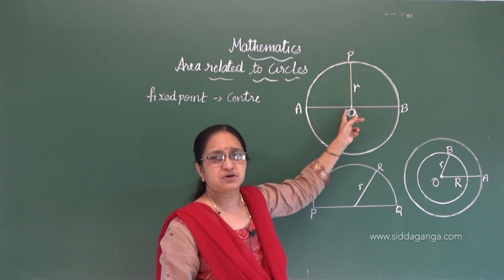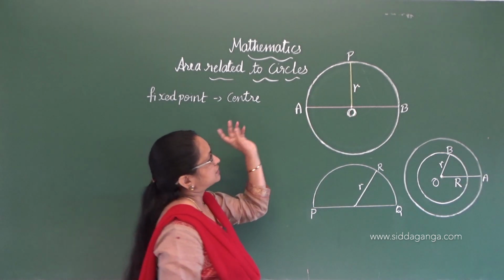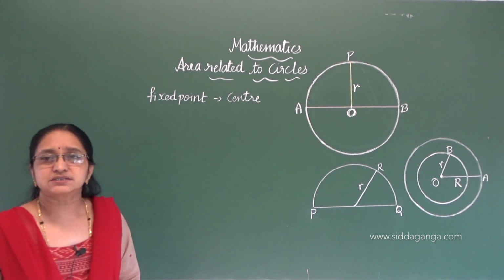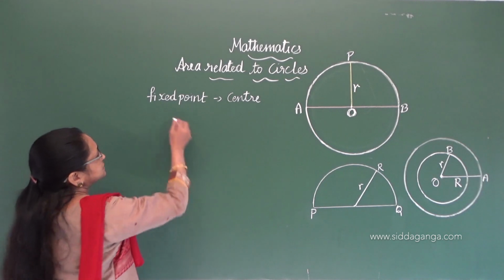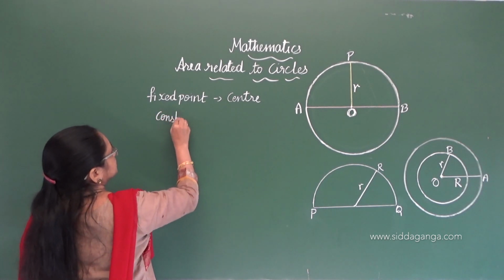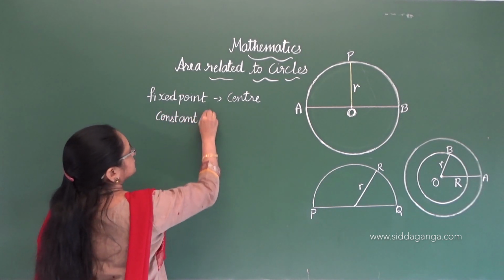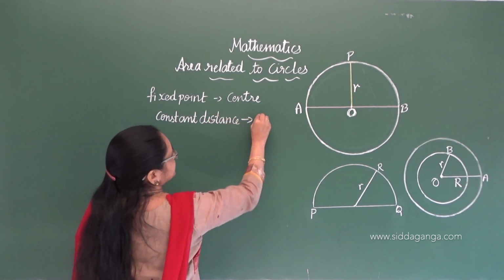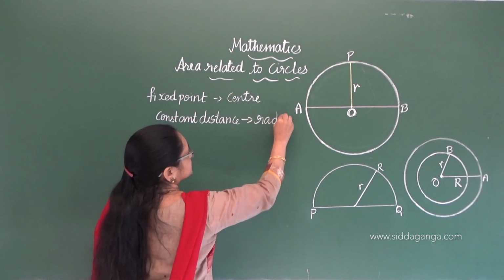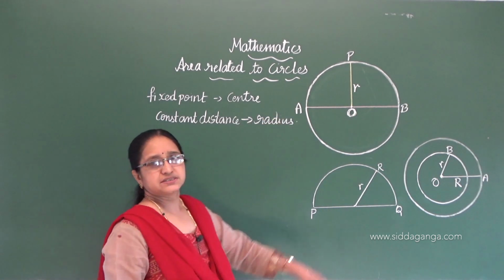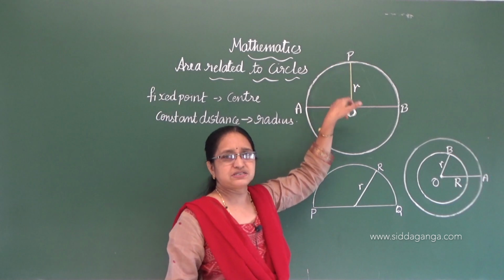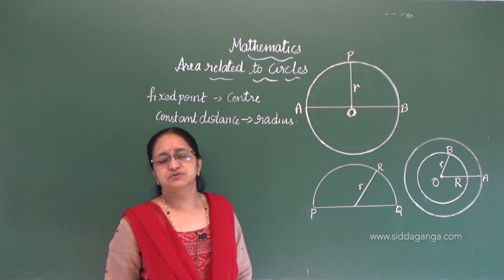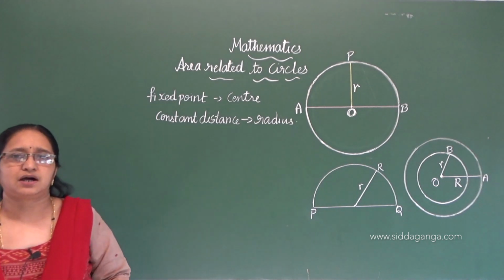That fixed point is called the center, and the constant distance is called the radius. Here I have represented it as OP. OP is a constant distance and r is the radius. So we will represent radius by r.